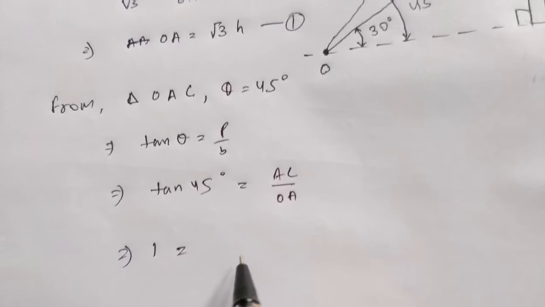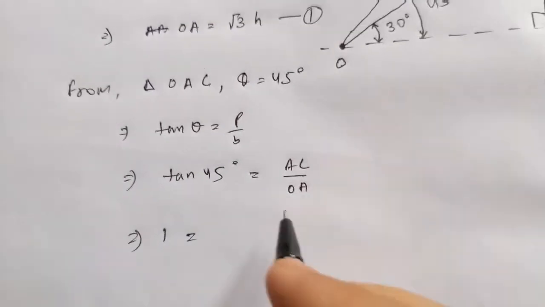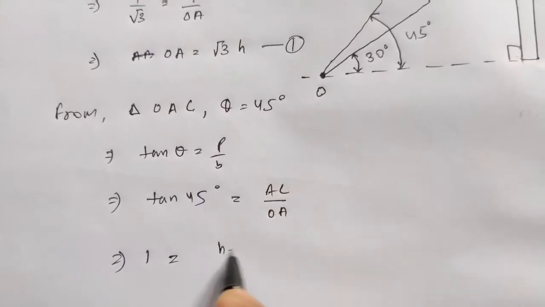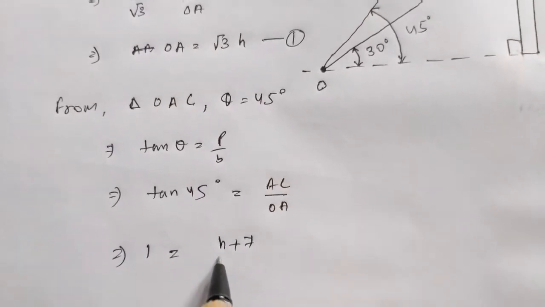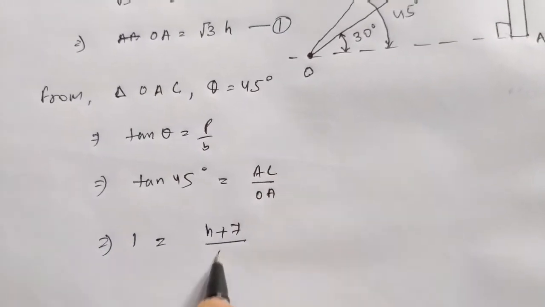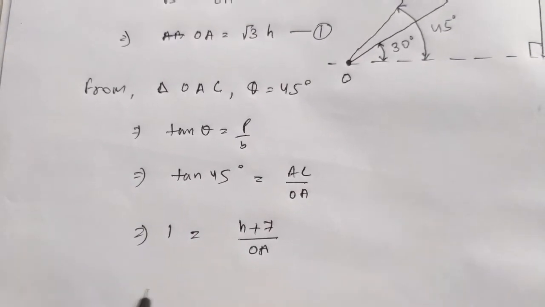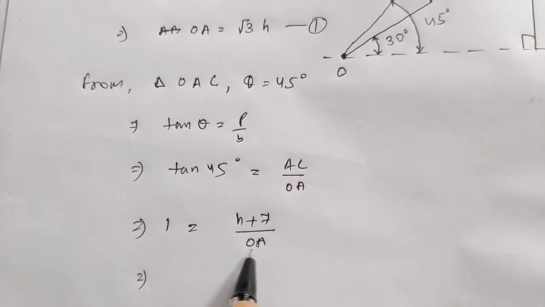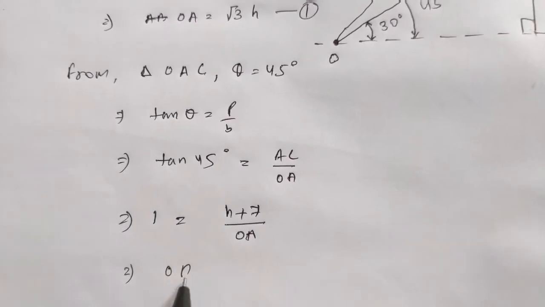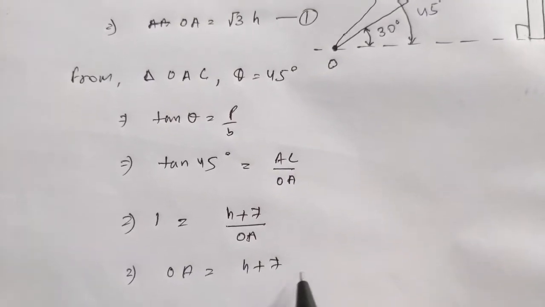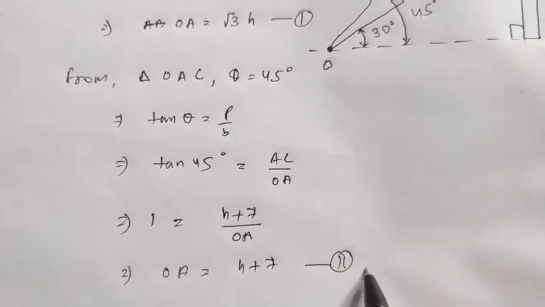The value of tan 45 is 1. You will get it from the table. AC is H plus 7, and OA I am writing the same as it is. So if you cross multiply this, OA is equal to H plus 7. This is equation number 2.